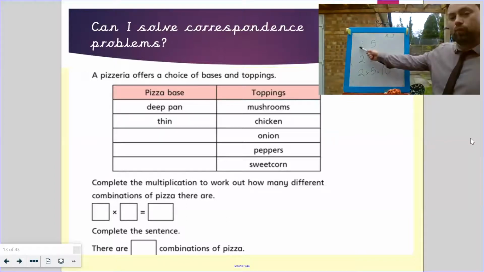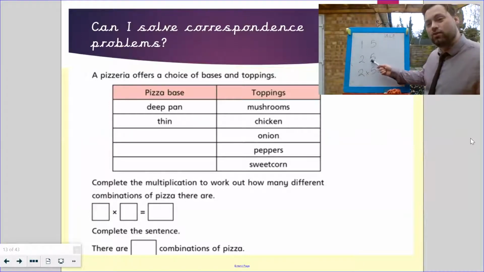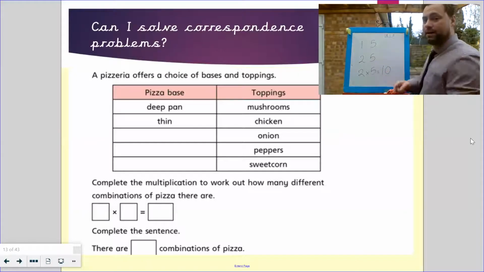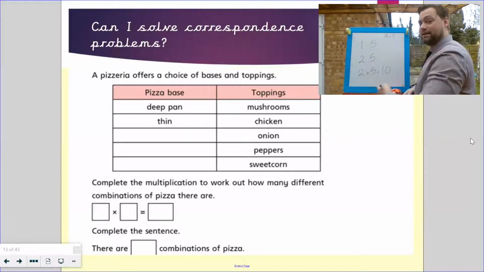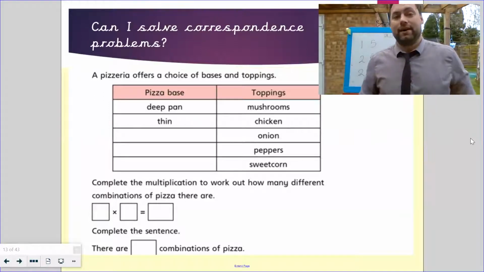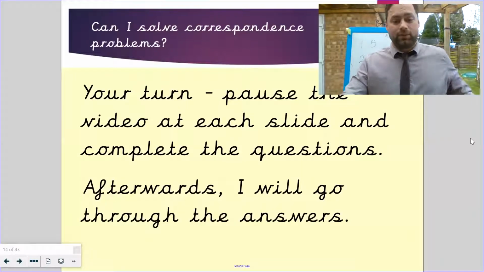Deep pan, 1, 5 toppings. We've got 2 bases. We've still got a choice of 5 toppings. To find out the total combinations, you multiply the 2 numbers together and you'll get 10. You can, if you want to, join lines together like that as well, if it helps you out. But that's it. So hopefully that's clear. So what are you going to do now?